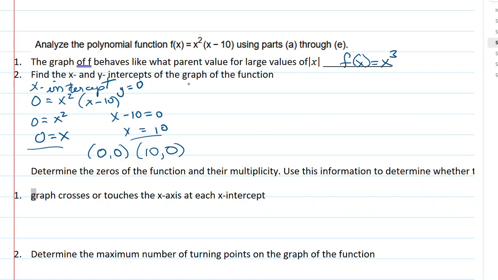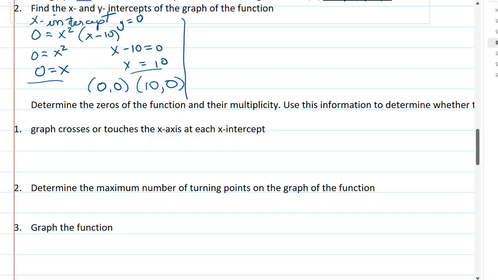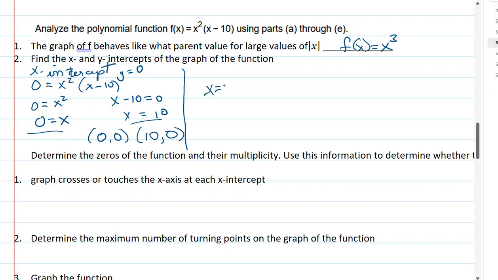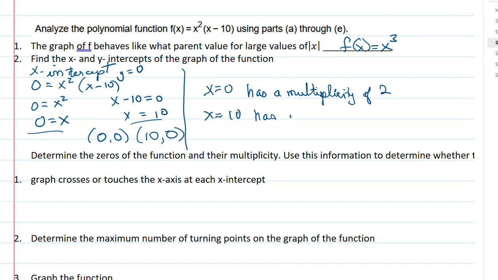All right. So then it asks, determine the zeros of the function and their multiplicity. Okay, so x equals 0 has a multiplicity of 2. And x equals 10 has a multiplicity of 1.